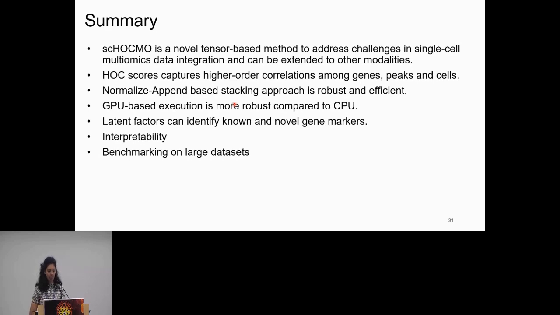The normalized append based stacking approach was found to be the most robust and efficient. GPU based execution was found to be robust compared to the other hardware architectures, and the latent factors were able to identify known as well as novel gene markers. For future directions, we are working with domain experts to enhance the biological interpretation of our results, as well as benchmarking on more than a trillion scale data set.